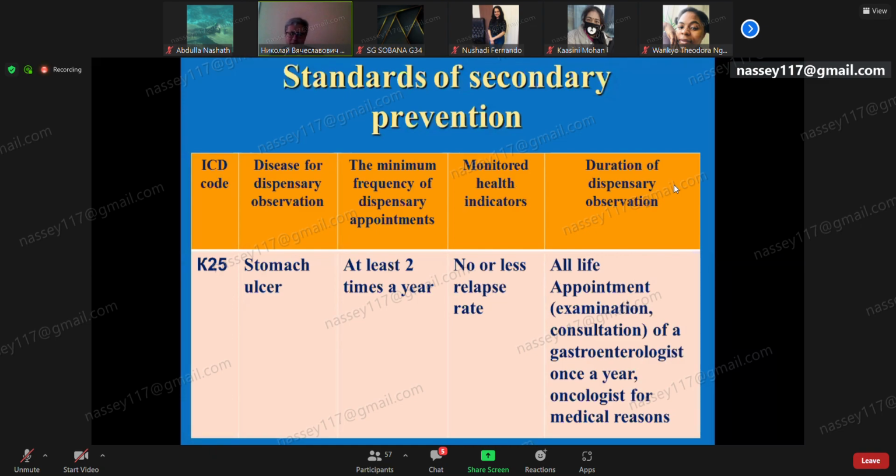For patients with stomach ulcer, same frequency, at least 2 times a year, with the goal of no or lower relapse rate. No monitored health indicators. Of course, we should recommend for them a fibrogastroscopy.